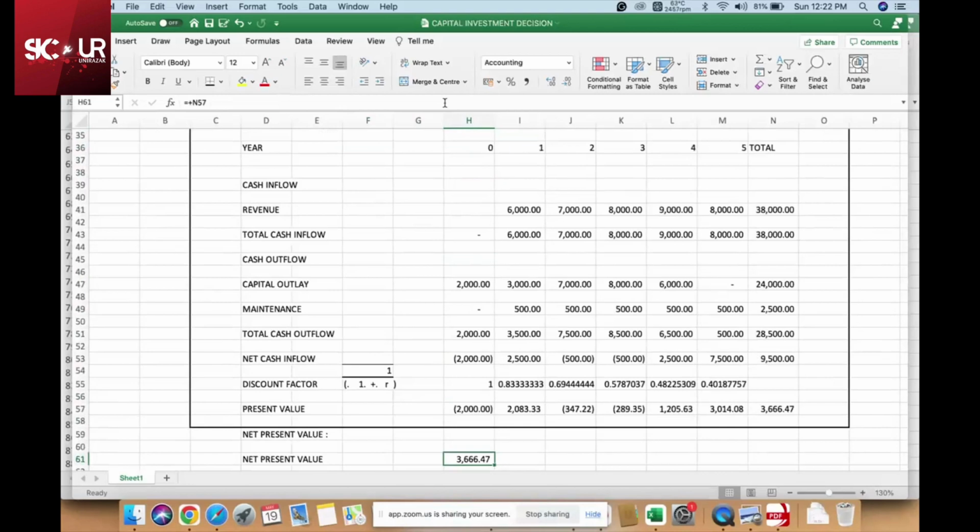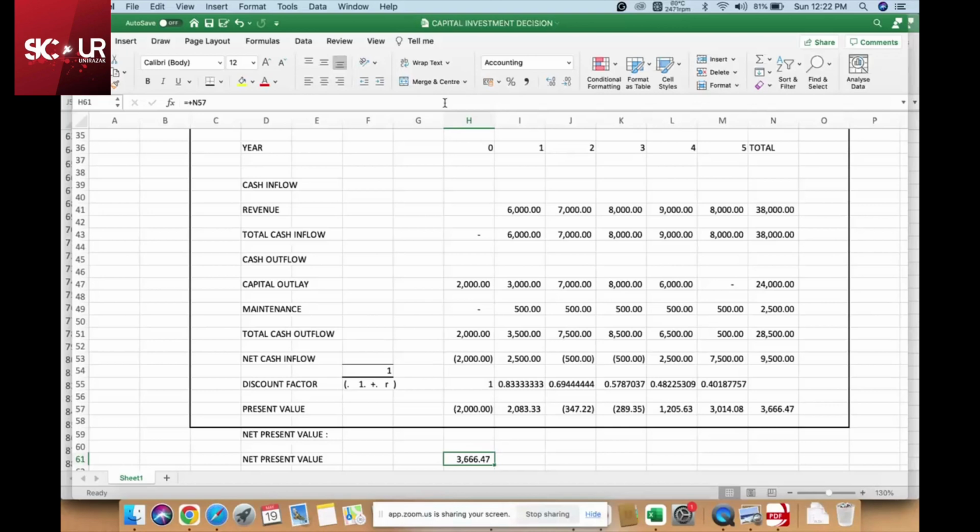When the net present value is positive 3.66 million, it means that the IRR must be much higher than the existing rate of 20%.